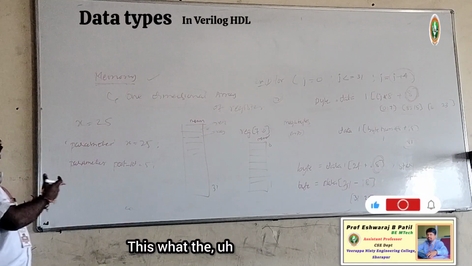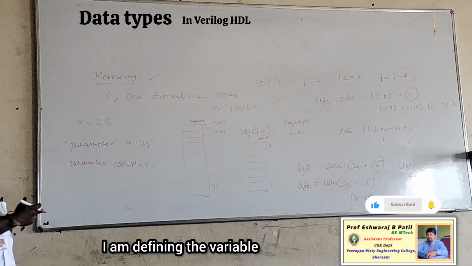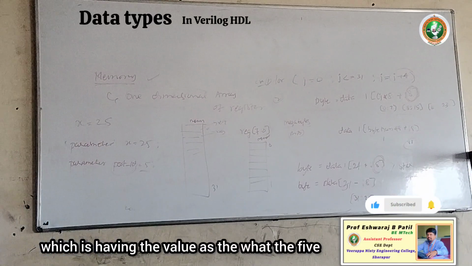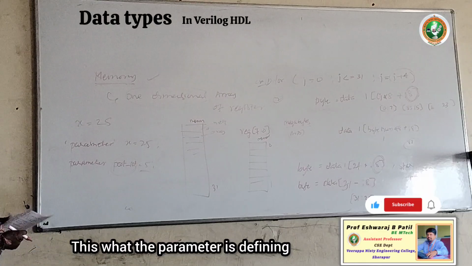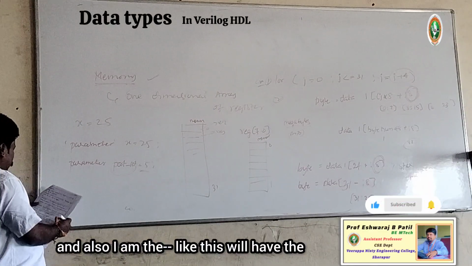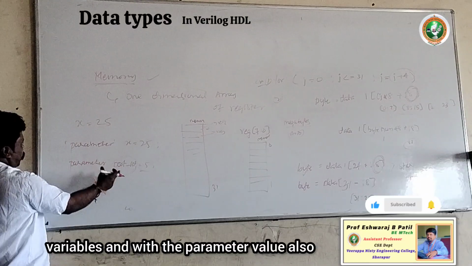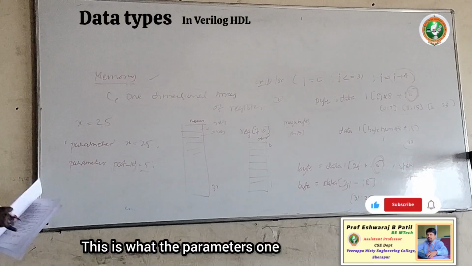This is how I am defining the variable. This port ID is the variable which has the value 5. This is how parameters are defined. Like this we have different types of variables and parameter values. This is the parameter one.